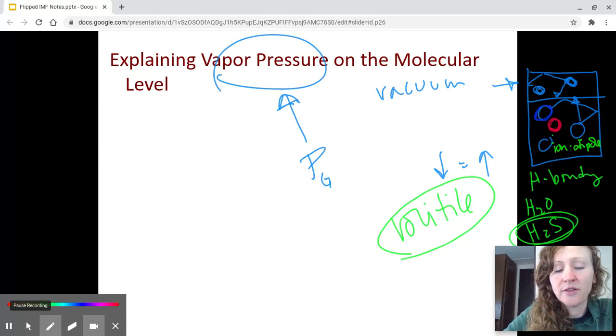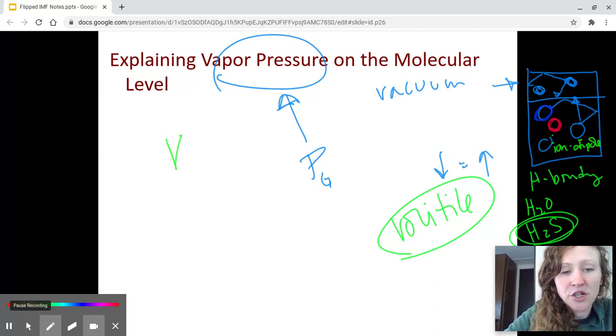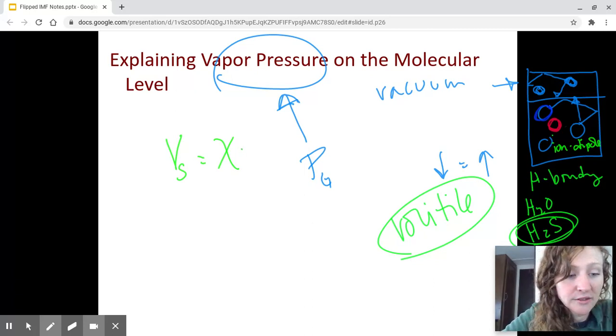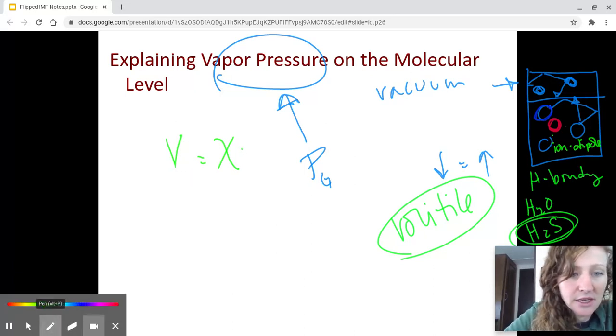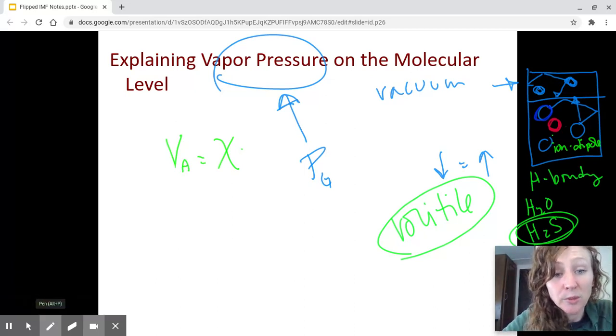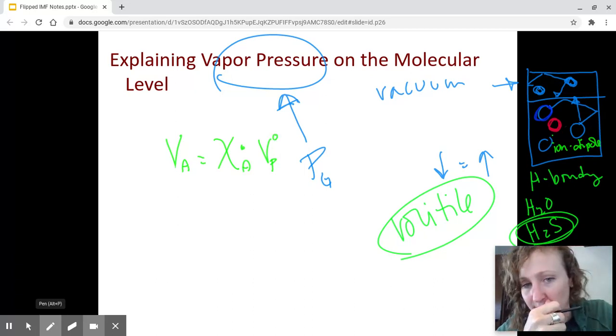Where you have the vapor pressure of the solution equals the mole fraction. Actually, let me give this an A instead of an S. The vapor pressure of whatever you're looking at is going to be equal to the mole fraction of that thing that you're looking at times the vapor pressure initially. So I forget how we indicated that, something like this.